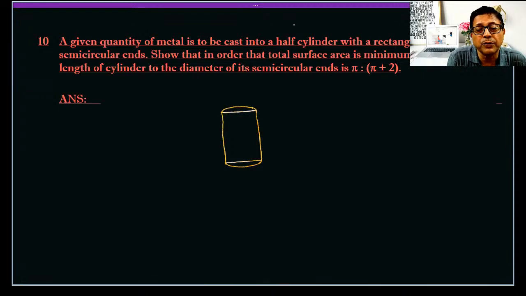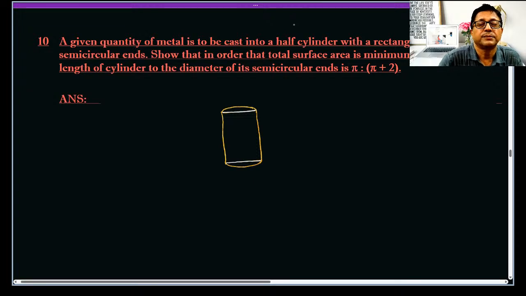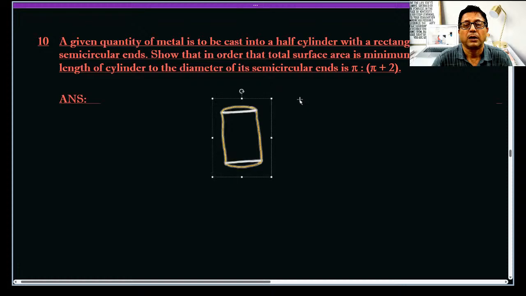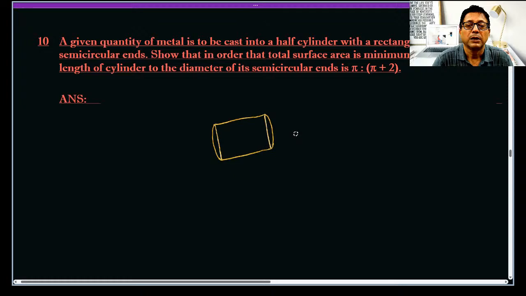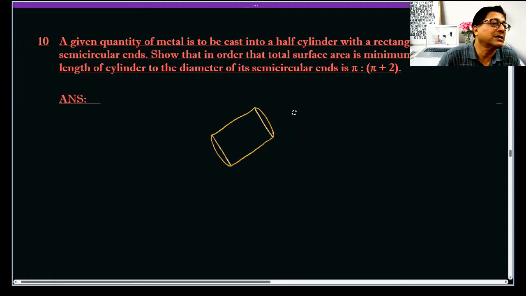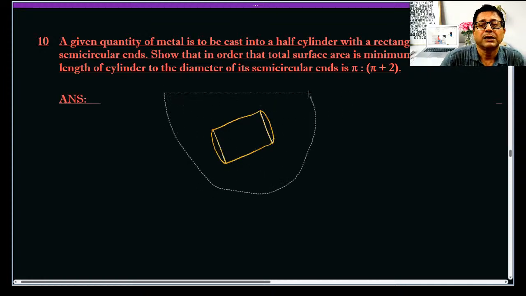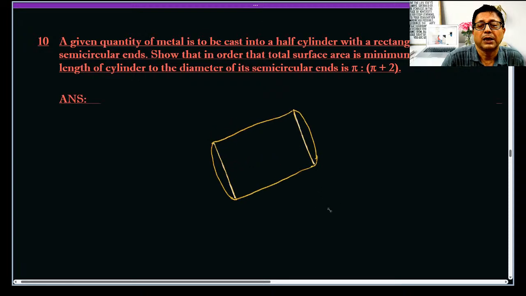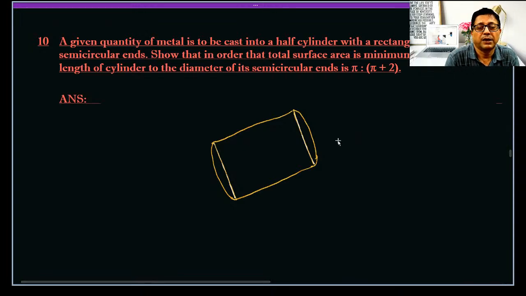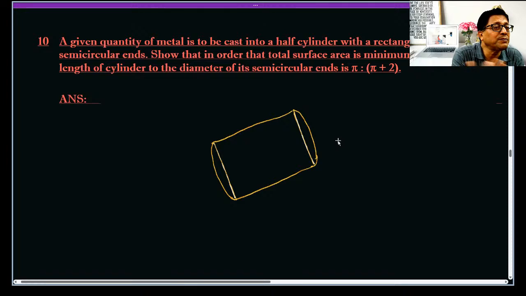So what is the top view of the half cylinder? Can you imagine? Like this. I've inclined this one just to make you understand that this is a half cylinder, not a full cylinder. One half of the cylinder is there.